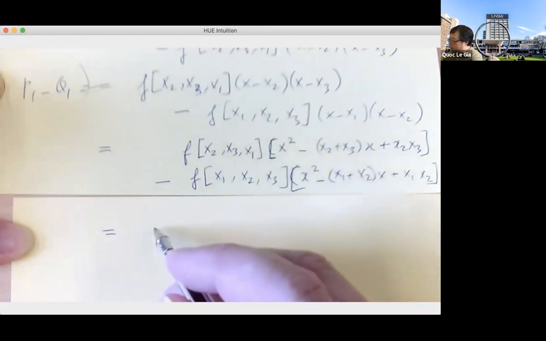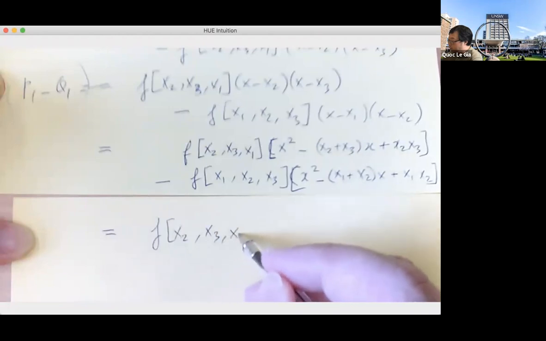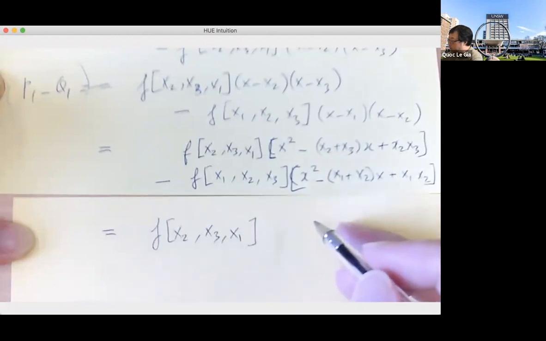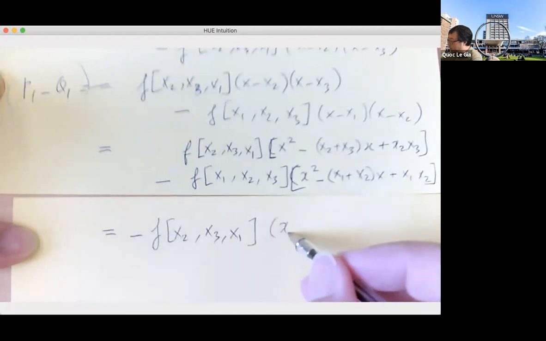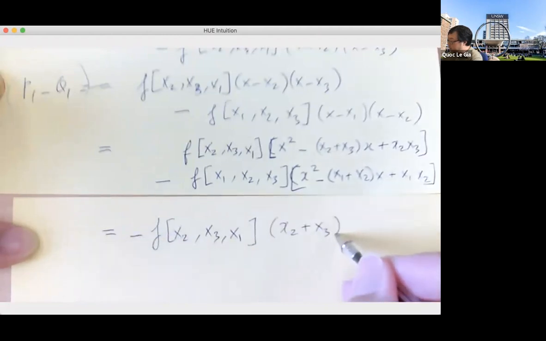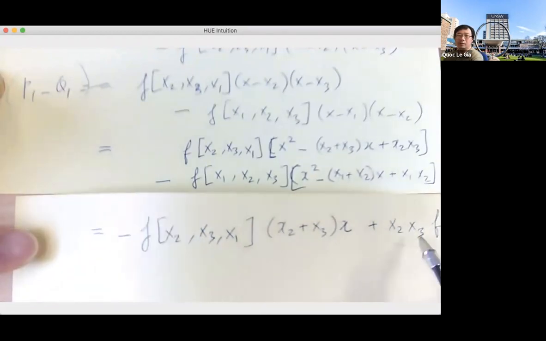Then what you have is only f of x2, x3, x1 times minus x2 plus x3 times x, plus some constant. You see the constant there, it's just a constant.